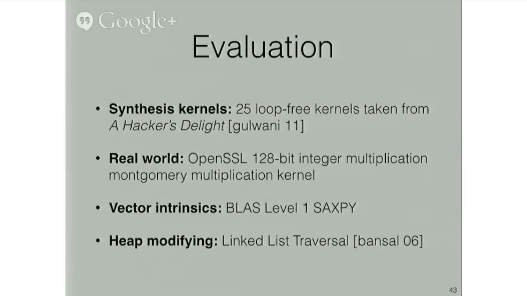From the BLAS package, we have the body of SAXPY to demonstrate our ability to reason about vector intrinsics. And from Alex's student Saurabh Mutsal's work, we have some linked list benchmarks to demonstrate our ability to reason about programs that modify the heap.